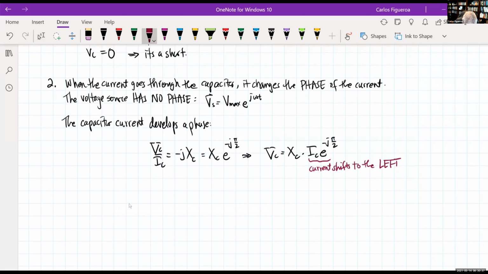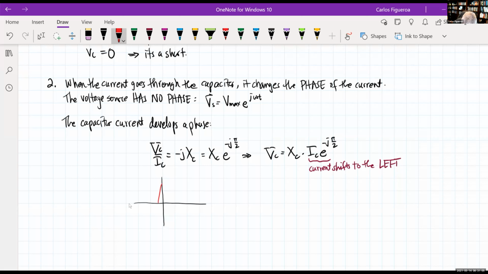So I'm going to do a little bit better job of this here. If I plot this thing, I'm not going to try to do multiple cycles here. So you could imagine that here's my voltage here. Okay, so how do I draw my voltage? Let me draw the current first, actually.